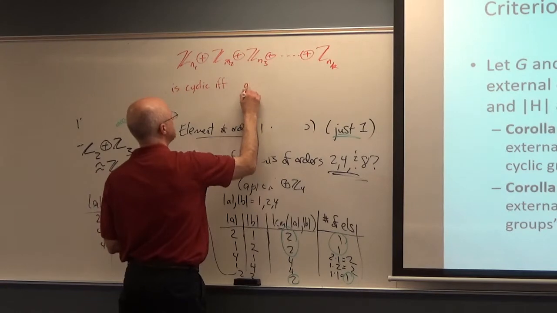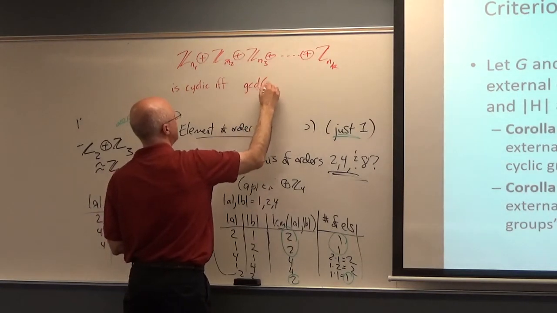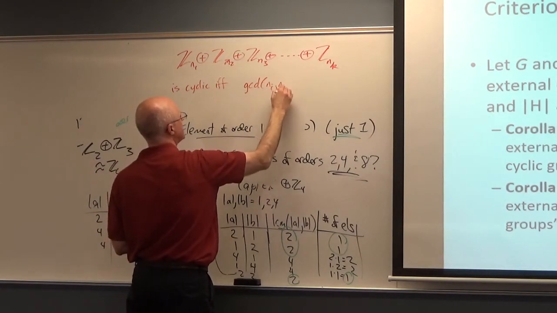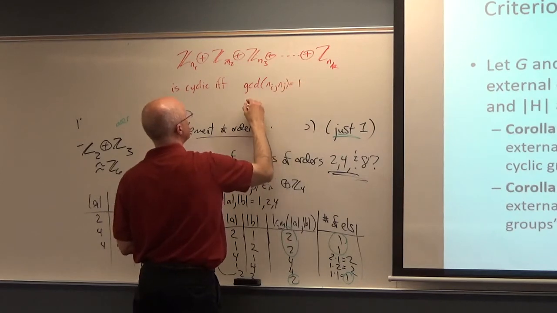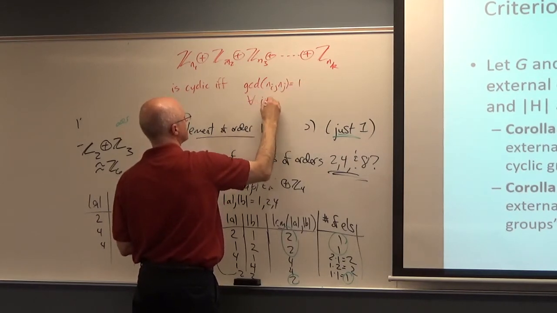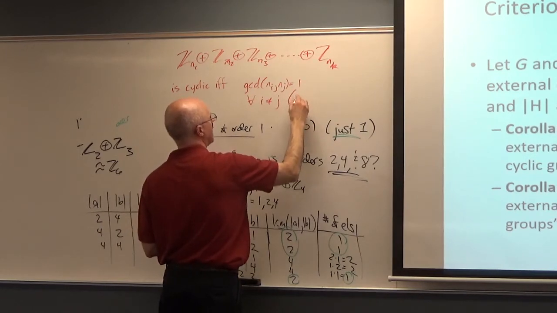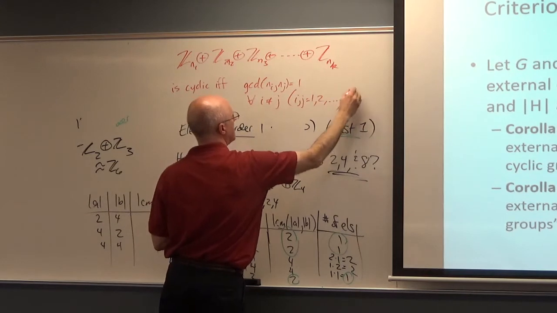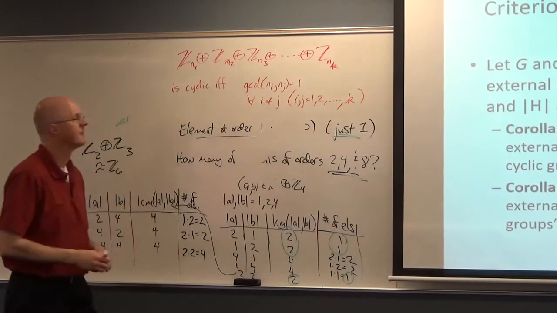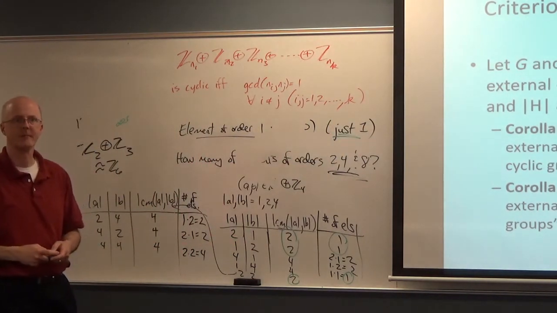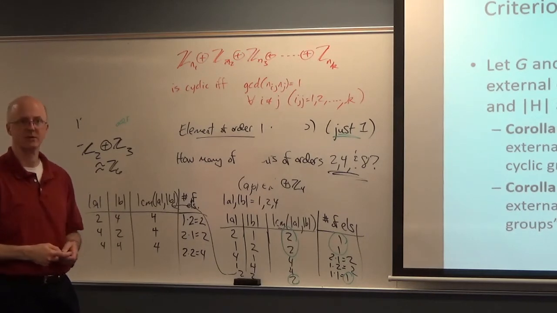We could write GCD(ni, nj) equals 1 for all i not equal to j, going from 1 to k. That's how I can extend it and write it in terms of Z groups.